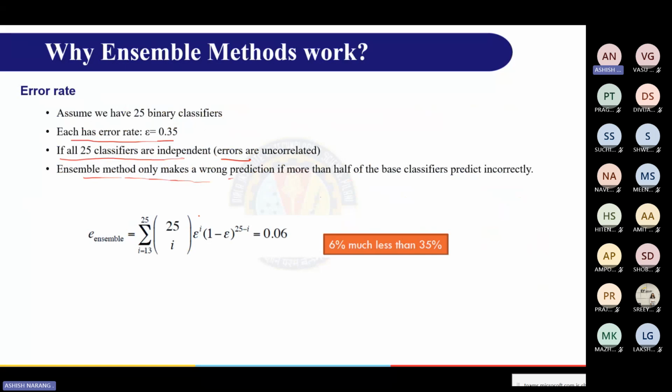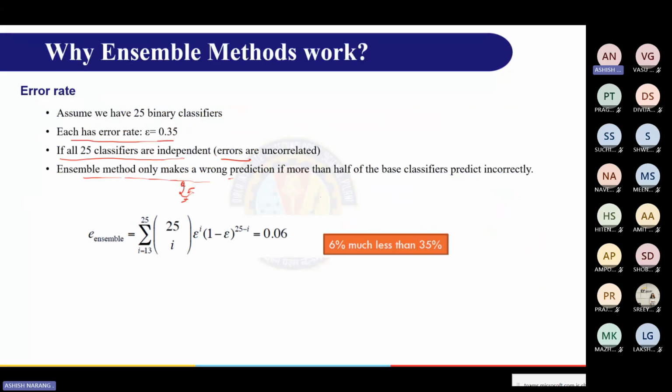So this is what the statistical formula says: you have 25 base classifiers, each with an error rate of 0.35. So with that epsilon value, it is going to make an error, and with 1 minus epsilon, it is going to make predictions correctly.